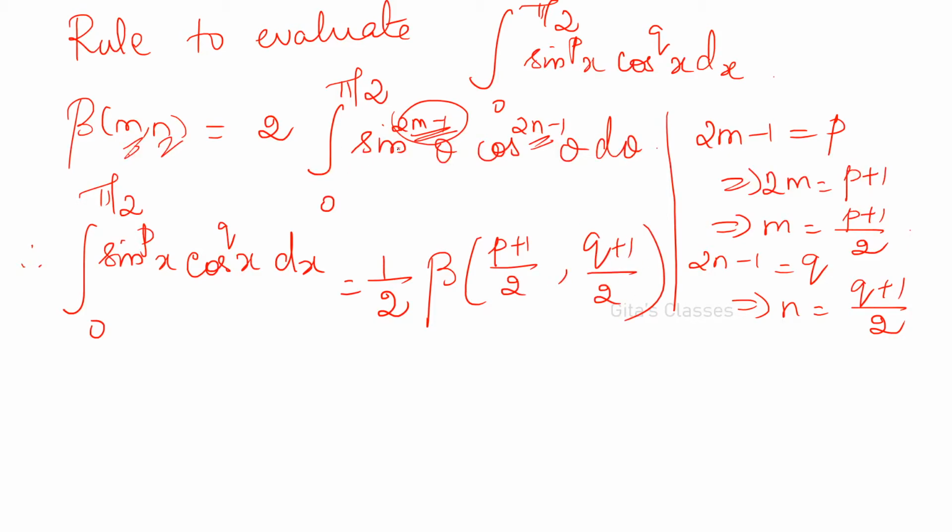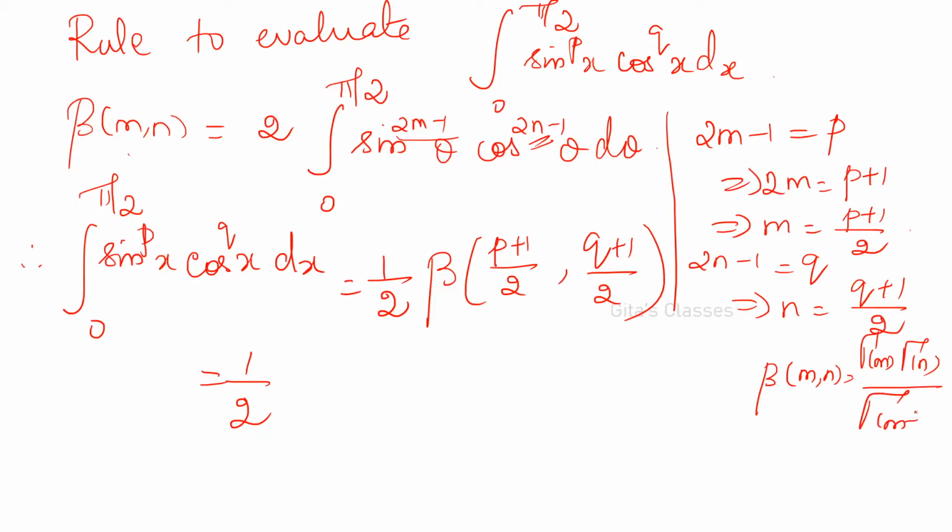Did you understand? So sine power 2m minus 1 if I have, I will write m here. I have p, therefore I am going to write p plus 1 by 2. Right? So we have seen the relation between beta and gamma functions as beta of m comma n is equal to gamma of m into gamma of n divided by gamma of m plus n.